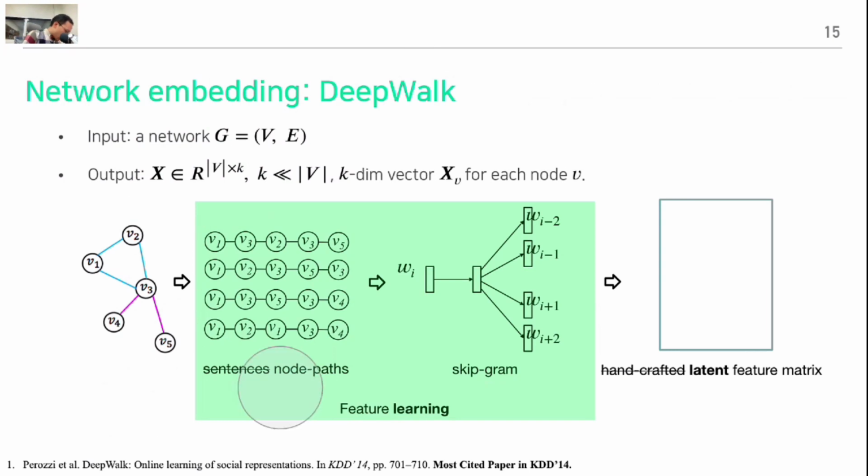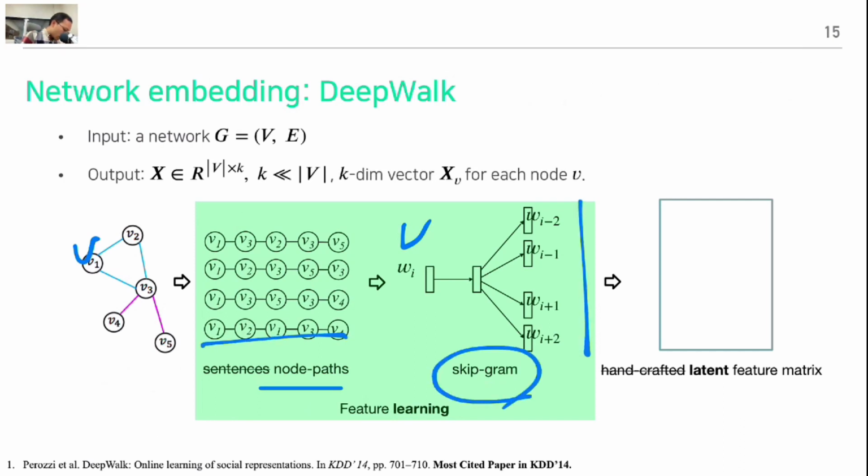And now we have the random walk or node path. The vi came to here, the path came to here, and we use the same skipgram, and we get the latent representation matrix.